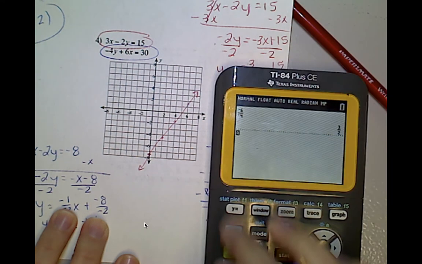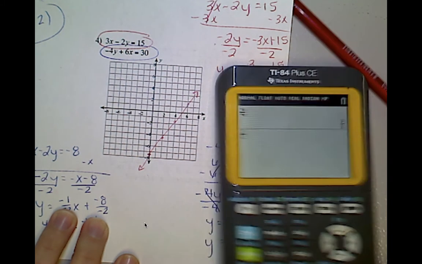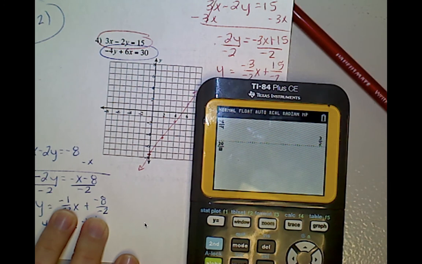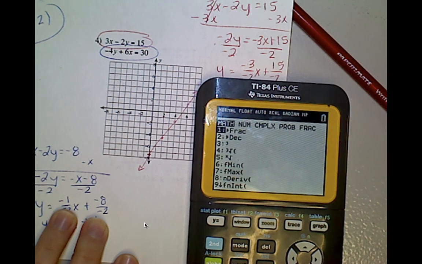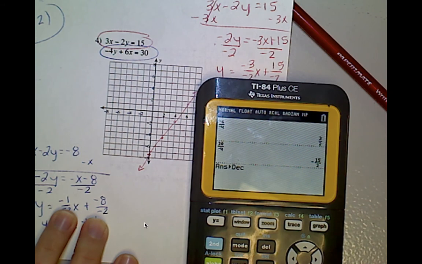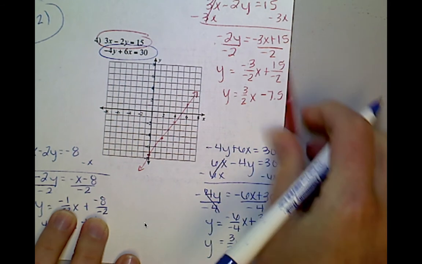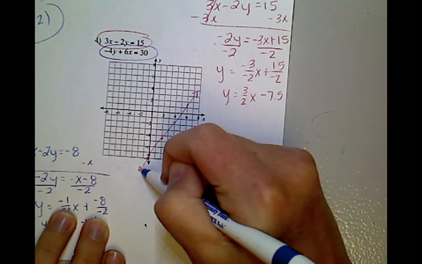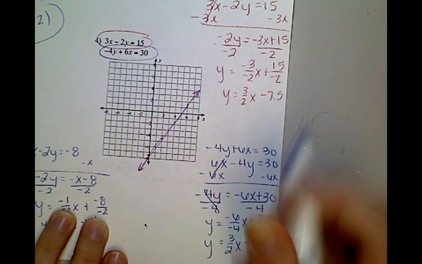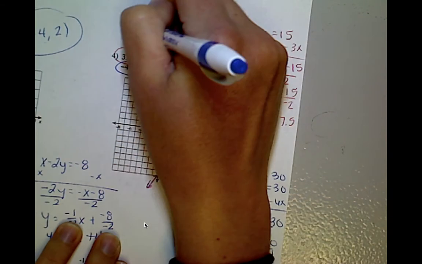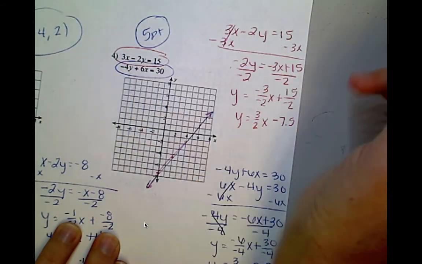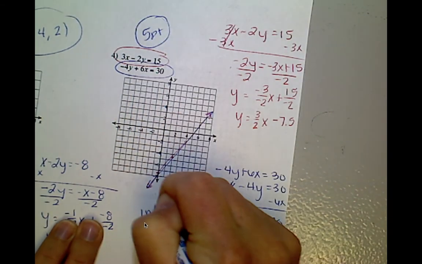And next one is 30 over -4, which is also -15 over 2. But if we want to change it to a decimal, you can press the decimal. You get the same exact line that we did for the red one. So we know when we graph this, they're going to be touching everywhere. So once again, to get full credit for these 5 points, you need to write somewhere infinite solutions.